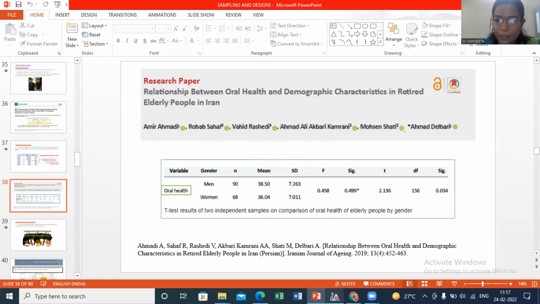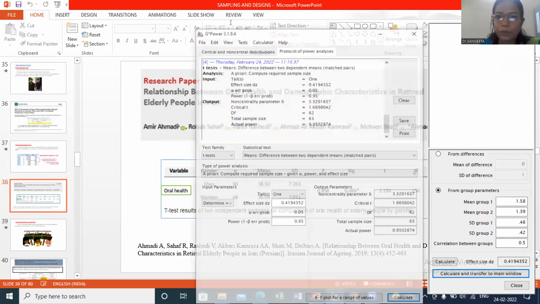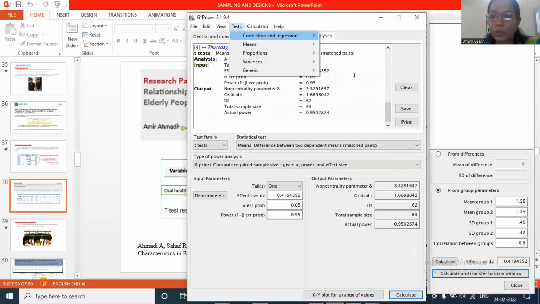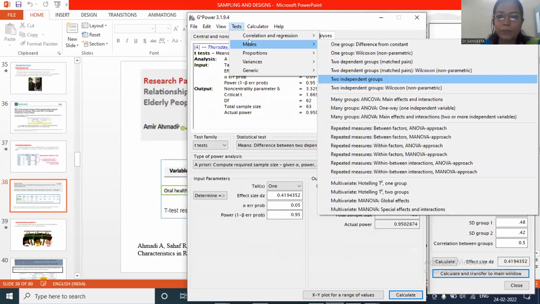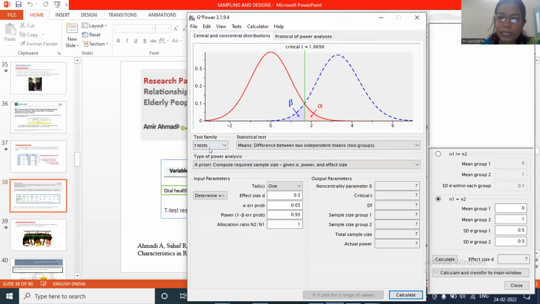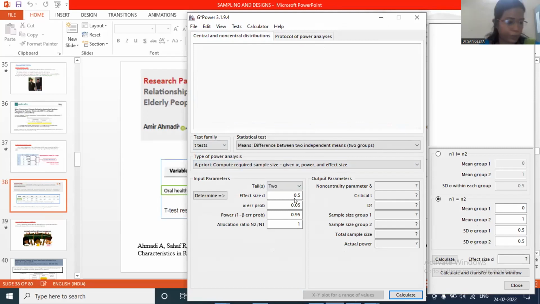So again, you just have to go here. What's the next step? Go in test, go in means. Now, we are not checking for two dependent, but we are checking for two independent groups. Just click here and this particular thing appears. Okay. So the test family remains t-test, two independent groups, a priori calculation, going for two tails.